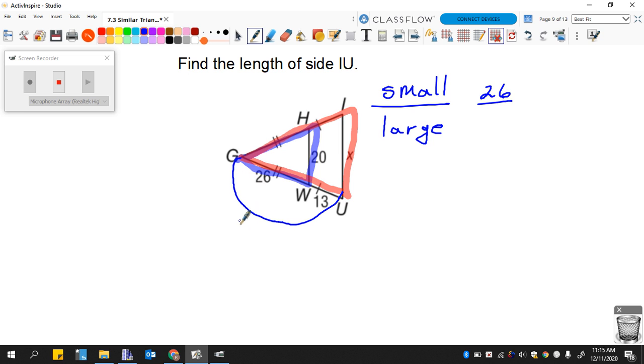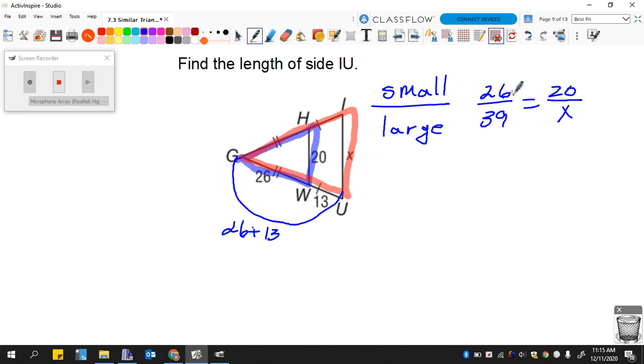So you're going to have to say 26 plus 13, which is 39. All right. Is equal to, and this side here, the small triangle is 20 over x. Okay.